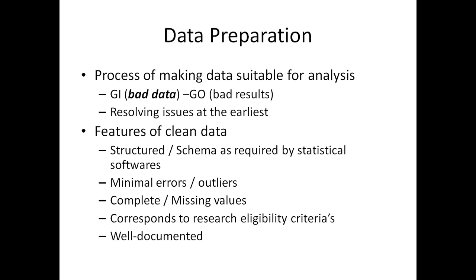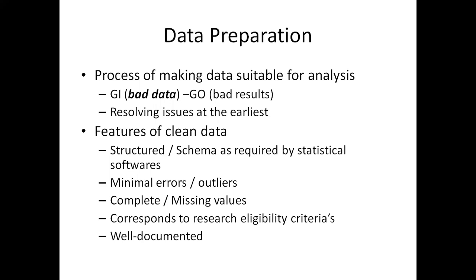Suppose you're interested only in people between the age group of 40 and 60. Ideally, the data set should correspond to only those with an age between 40 and 60, right? If you have somebody who is beyond those age boundaries, then that does not correspond to your research database.